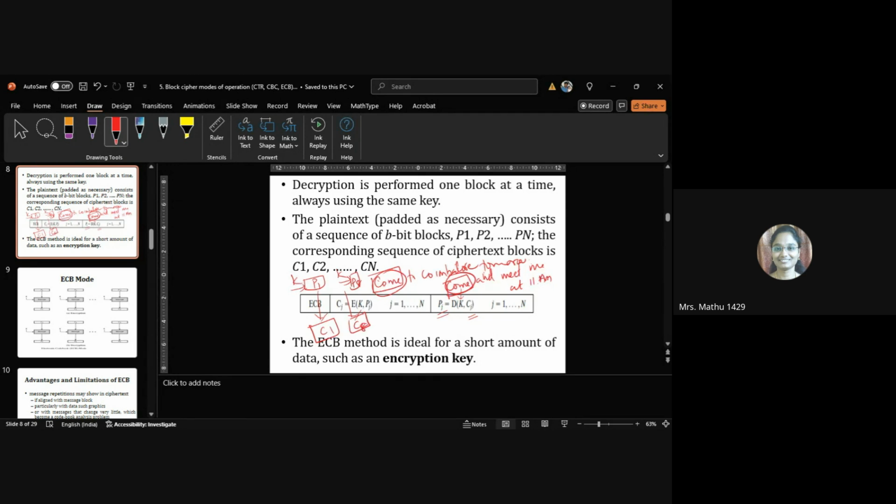This will help the cryptanalyst guess what the message or the repeated words could be, because he will have several plain text and ciphertext pairs to analyze. So this is ideal only for a short amount of data.